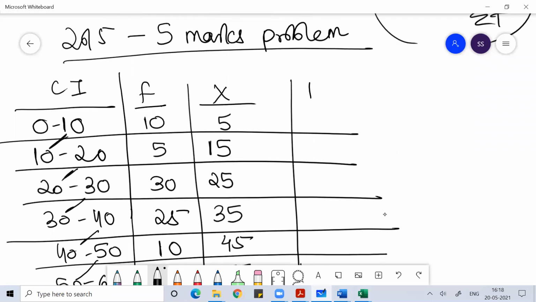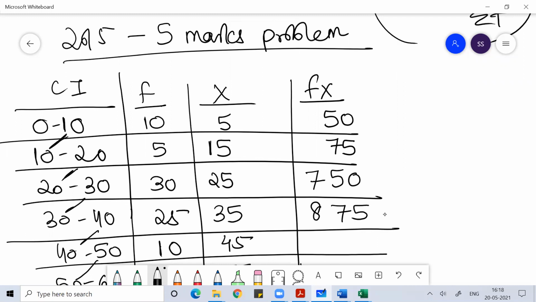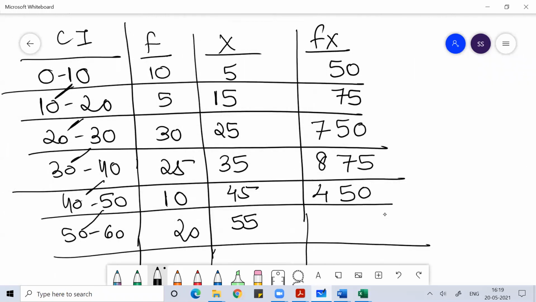Then find f into x. 10 5s are 50, 15 5s are 75, 30 25s are 750. Then 25 into 35, I think that will be 875. You can check that. 45 into 10 is 450. Then 20 into 55 will be 1100.